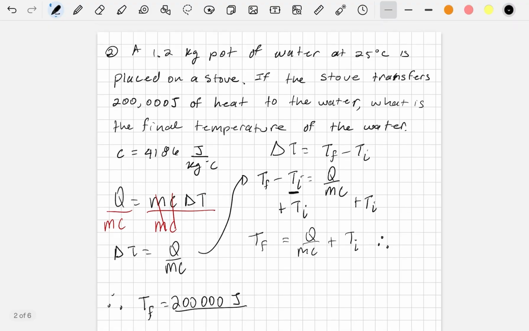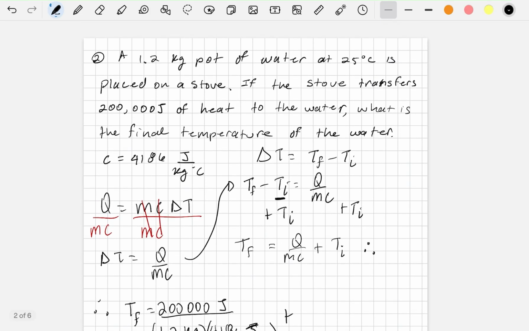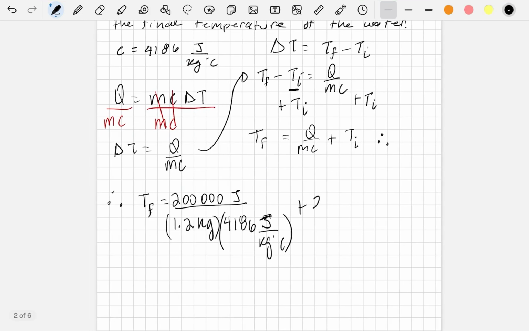Mass is equal to 1.2 kilograms, and then specific heat is 4,186 joules per kilogram degrees Celsius. And to this I'm going to add initial temperature, which we said was 25 degrees Celsius. Okay, so let's start canceling the units.